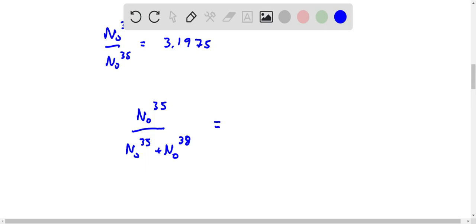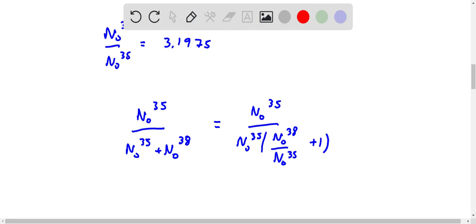And we can again do some manipulation to say that this is equal to this quantity here. Yep, it's equal to that. We can cancel this expression here, and this here is what we calculated up here.